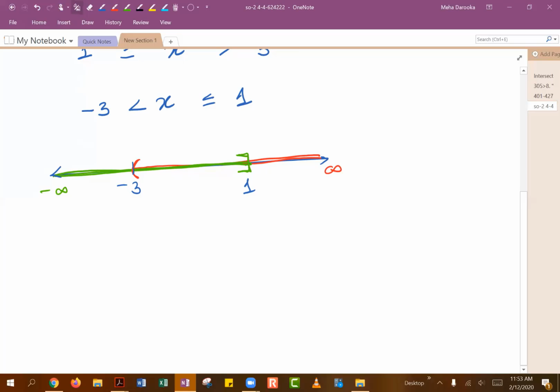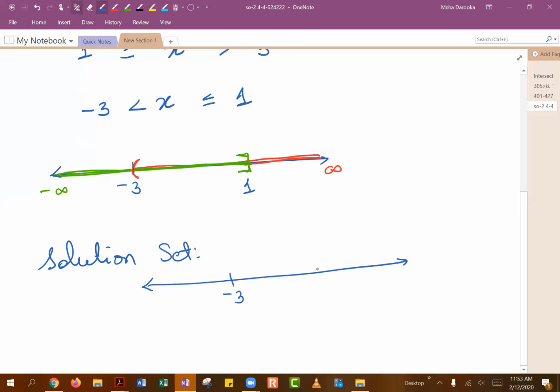So our solution set, very good. Graphically, that would be from -3 to 1, not including -3, right? But including 1. And everything in between those two.